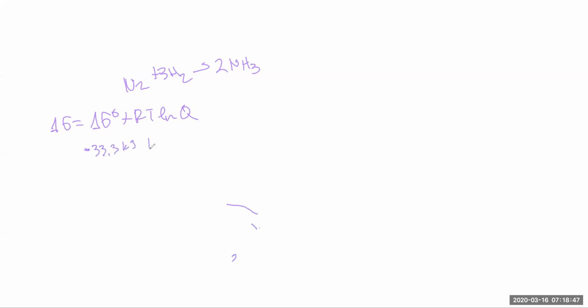Okay. So we have our expression N2 plus 3 H2s going to our 2 NH3. We know that our expression is delta G is equal to delta G naught plus RT ln Q. We know that our delta G naught is negative 33.3 kilojoules.